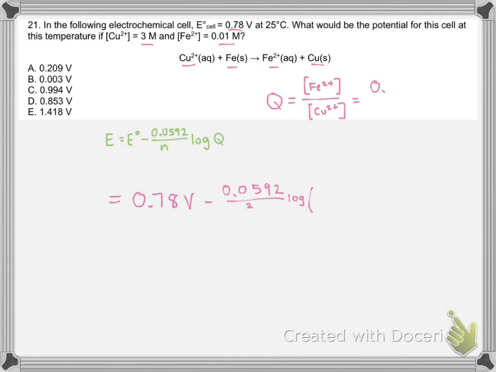So here we'll just have 0.01 divided by 3, which I'm going to write as 3.33 times 10 to the minus 3. And you can plug that in for Q. And when we solve this, we'll get our answer, which is 0.853 volts, which corresponds to answer choice D.